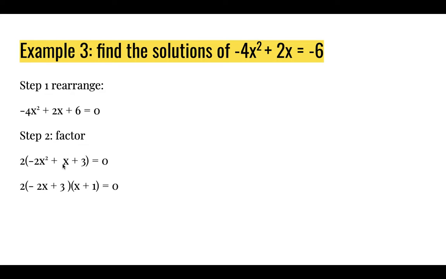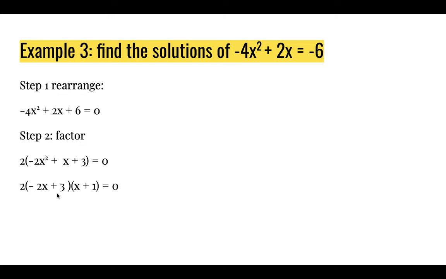And if you do this whichever way you've been liking, either decomposition or the area model with the box, you should find that it becomes negative 2x plus 3 times x plus 1.